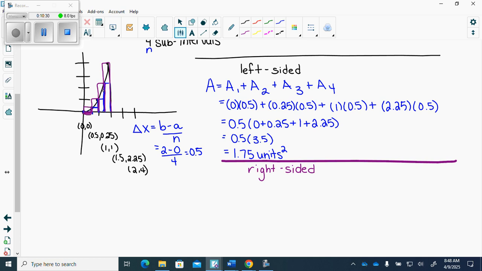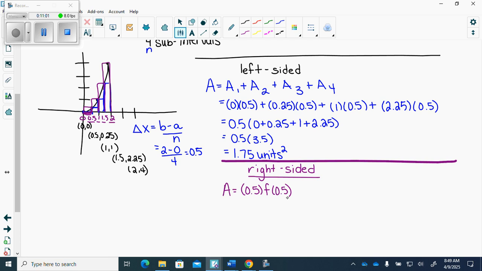So what some people write to help them out for right-sided, so I have the numbers 0, and then 0.5, and then 1, and then 1.5, and then 2, correct? The right-sided ones are these ones, are they not? So what they'll sometimes do to show you the area, for area 1, they'll say the width, which is 0.5, times f of 0.5.